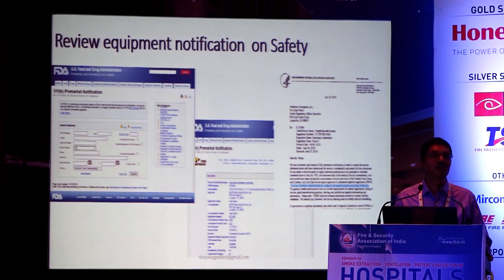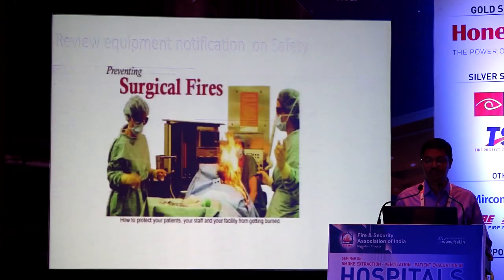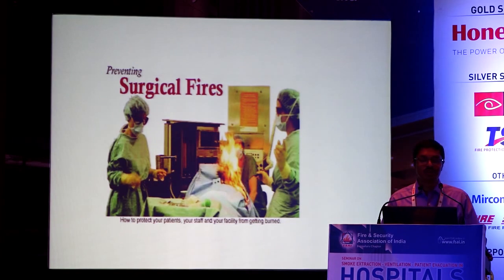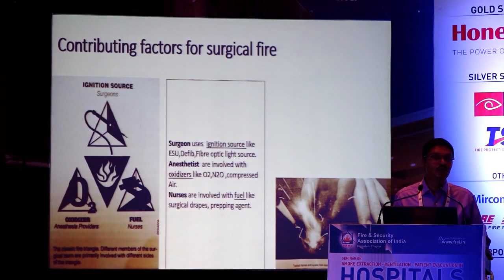So let us come to the surgical fire. As I told you, the operation theatre is a very complex environment. I'm sure in the morning sessions, some people might have touched upon the surgical fire, but there are three major players who help get the fire within the system.